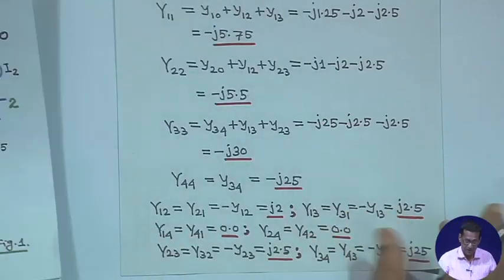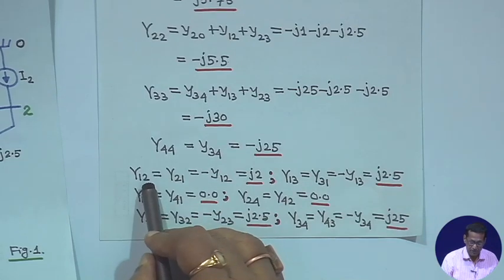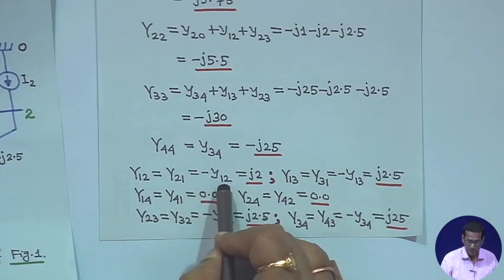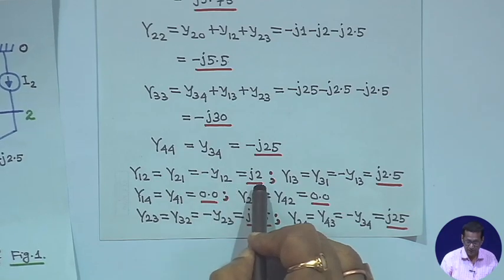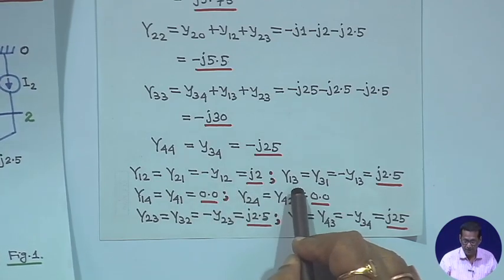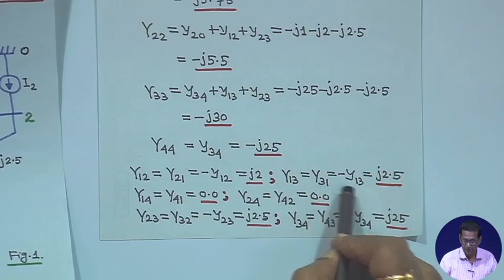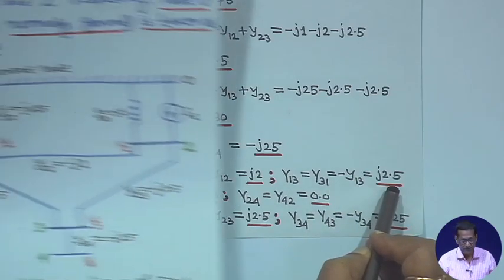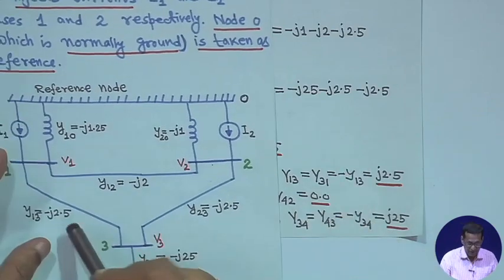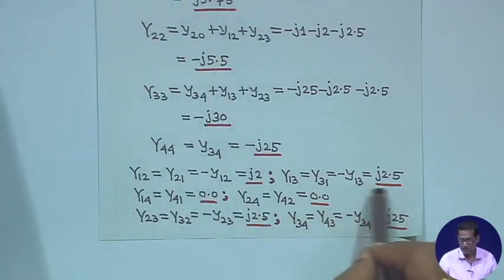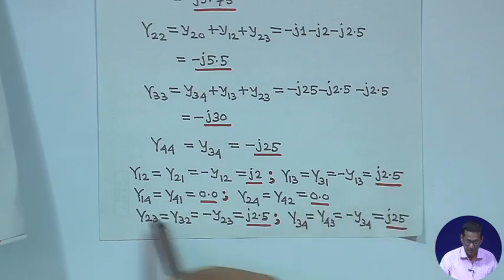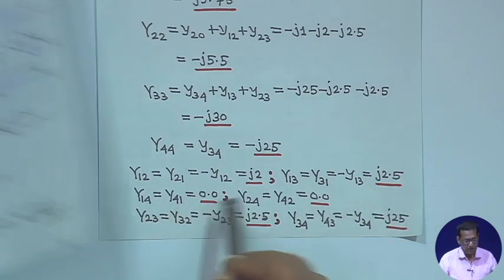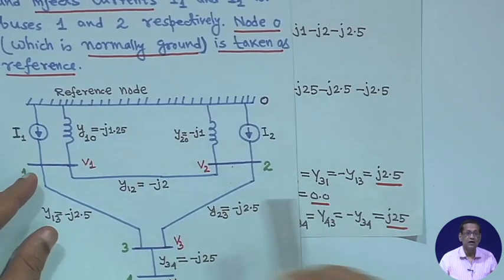Similarly, capital Y44 is equal to small y34, which is minus j25, right. Now, capital Y12 is equal to capital Y21 is equal to minus small y12, that is j2, right. Similarly, capital Y13 is equal to capital Y31 is equal to minus small y13, so it is j2.5 because y13 is equal to minus j2.5. Capital Y14 is equal to Y41 is equal to 0, because between lines 1 and 4 there is no connection.